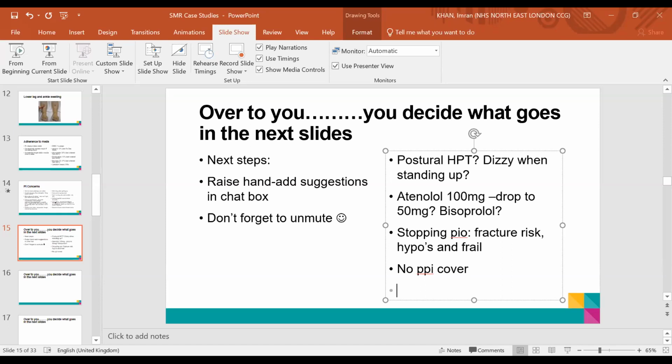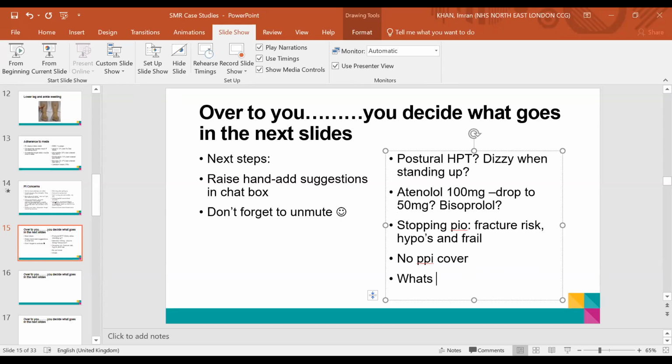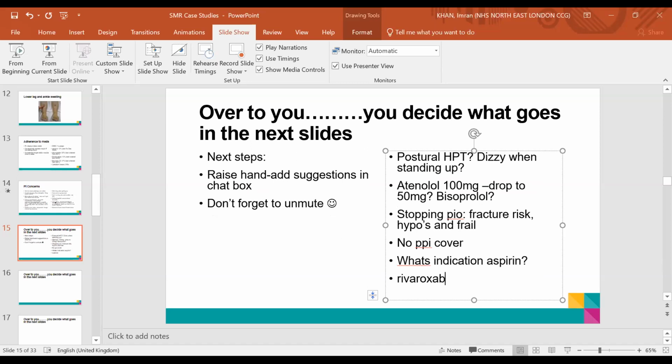Thank you. So the other things that have been raised are what's the indication for aspirin, and why do we need both aspirin and rivaroxaban? What are the indications for that? And then we've also got, alendronic acid, been on it for 5 years.